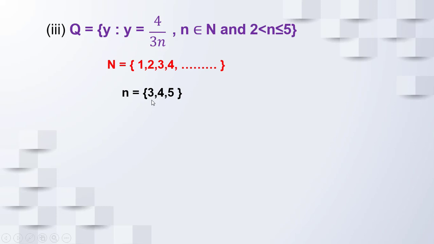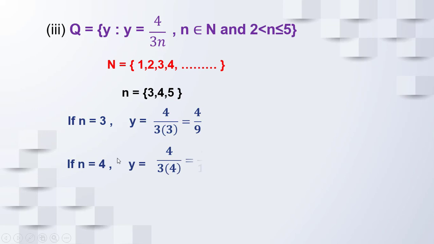Now, we have to substitute these 3, 4, 5 at n to find the value of y. Let n equal to 3. What happens? If n equal to 3, y equal to 4 by 3 into 3, that is 4 by 9. Now, let us substitute n equal to 4. Then y becomes 4 by 3 into 4, that is 4 by 12.